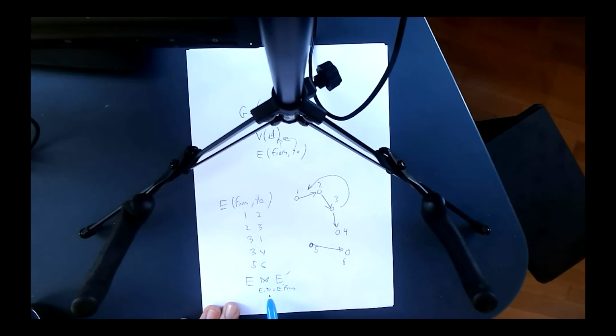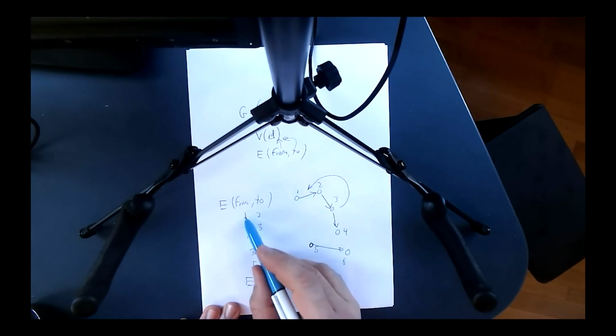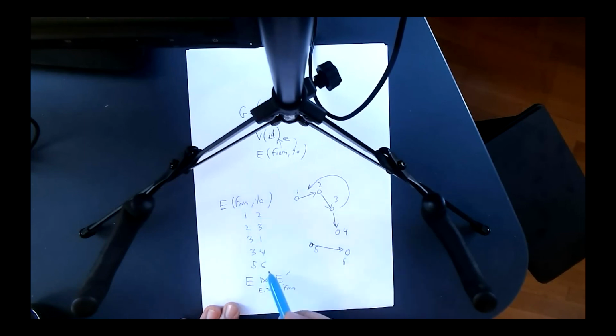So what that's doing is forcing equality of the to with the from. That would give us something like 1 2 2 3. Likewise, we would have 2 3 3 1. Those would make it into the result.